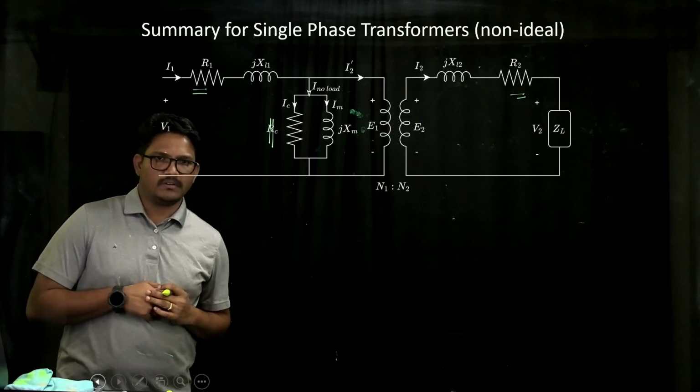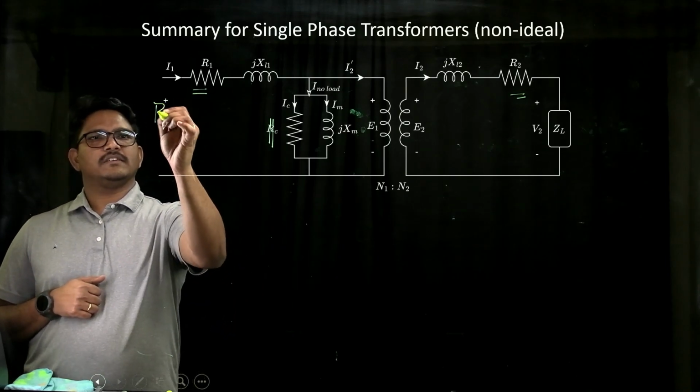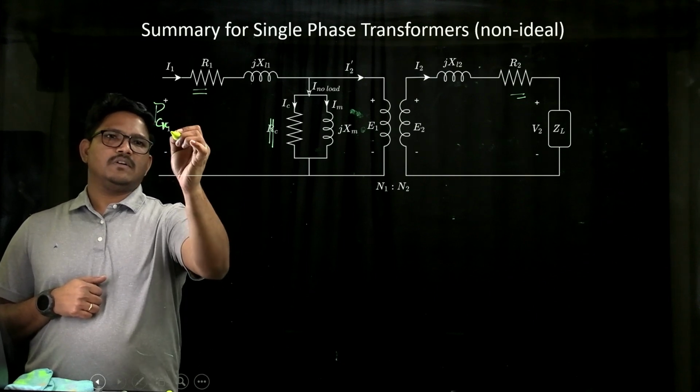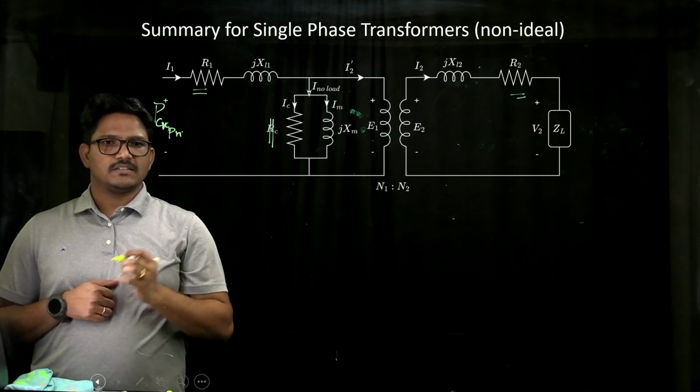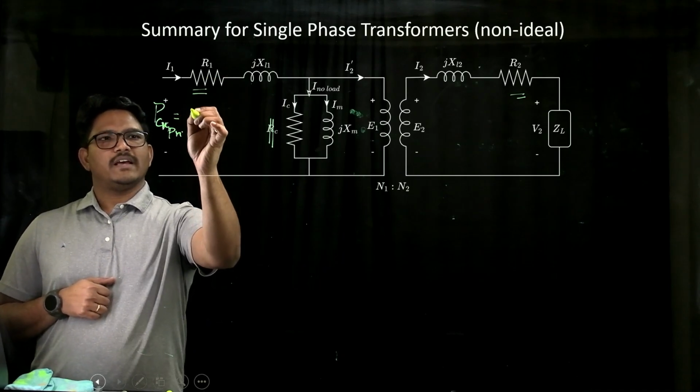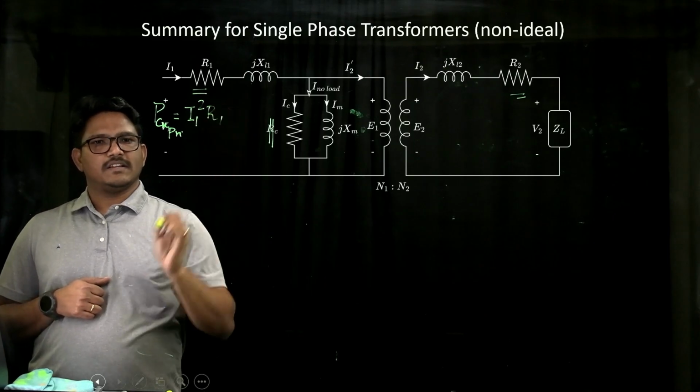The copper losses on the primary are related to the resistance R1. So we can write that as I1 square multiplied by resistance R1.